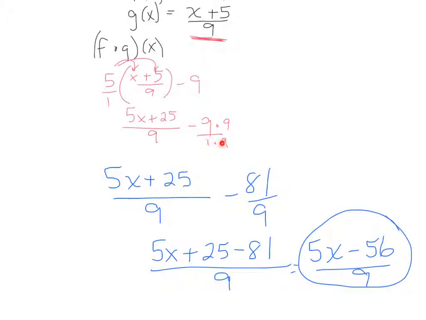And then we did this to get a common denominator because you have to when you're adding and subtracting. That put us here. And then 25 minus 81 is negative 56. So that's f of g. At that point, you don't need to do g of f, because you already know it's not that. But I'm happy to do it if that was tricky as well.